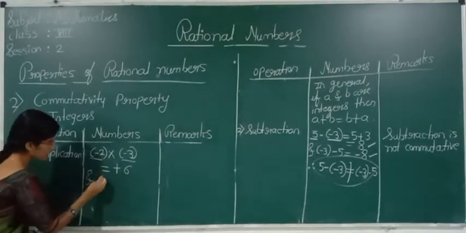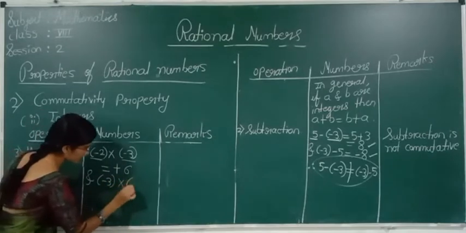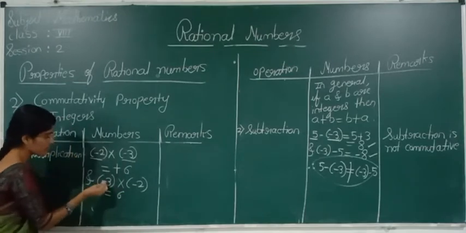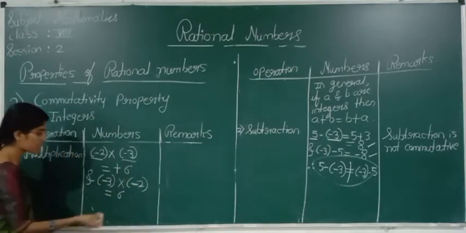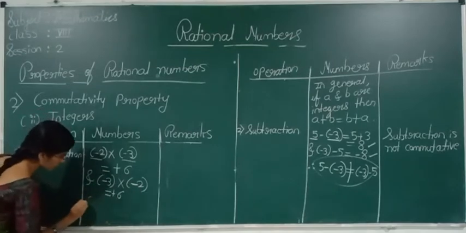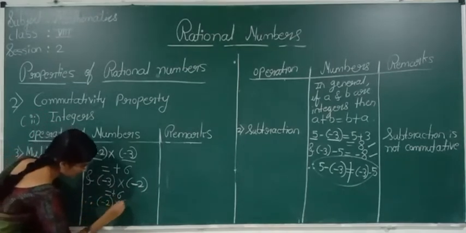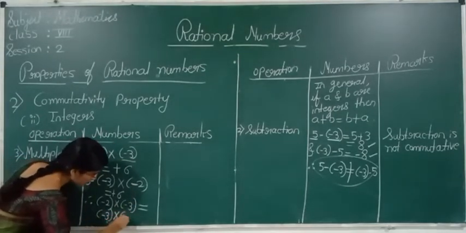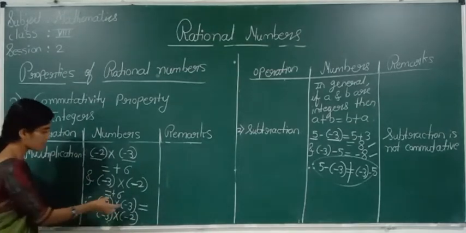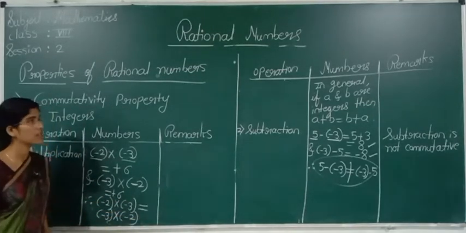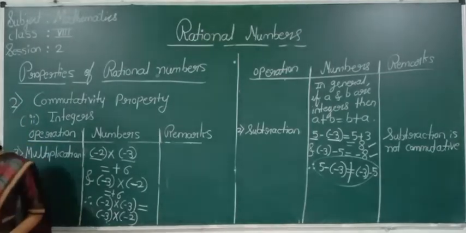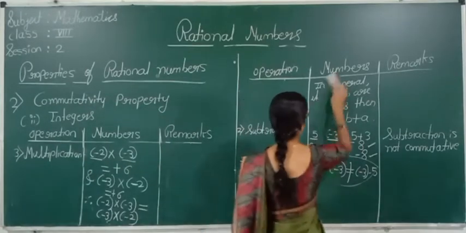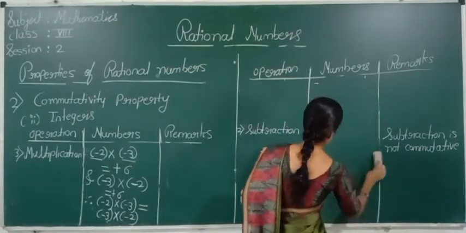And minus 3 into minus 2: 3 2s are 6. When two negative integers are multiplied, we get a positive integer. Therefore, minus 2 multiplied by minus 3 is equal to minus 3 multiplied by minus 2. Now see here, we are getting the same result. Therefore, we can say that multiplication is commutative for integers.